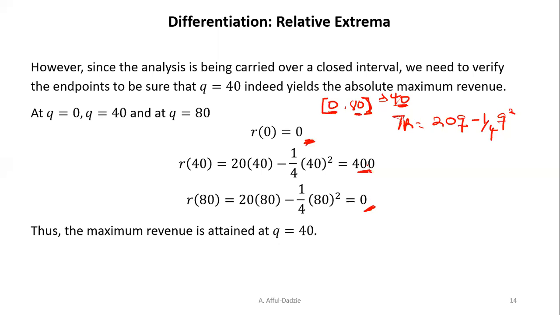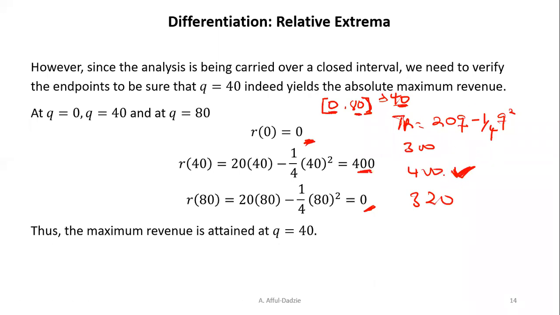There are instances where, when we evaluate the endpoints, you would have other values. So for instance, let's say in this case we have something like 300, 400, and let's say 320. Well, again, we will choose this one because it gives us the highest possible revenue.